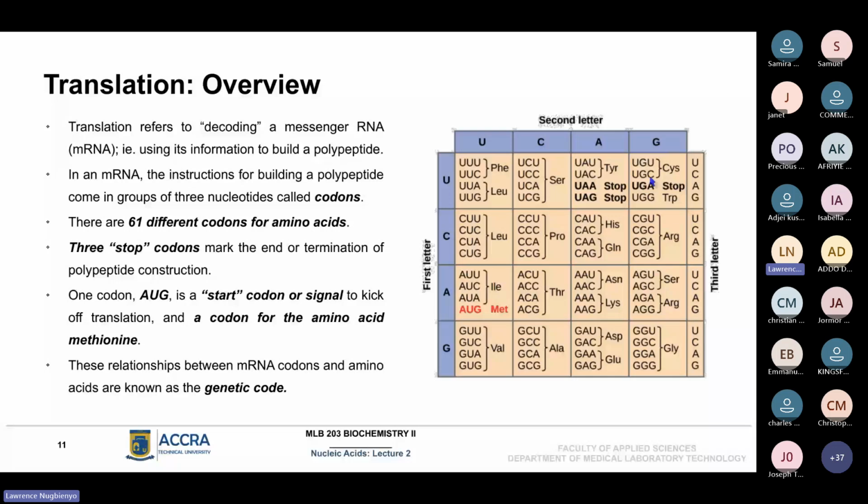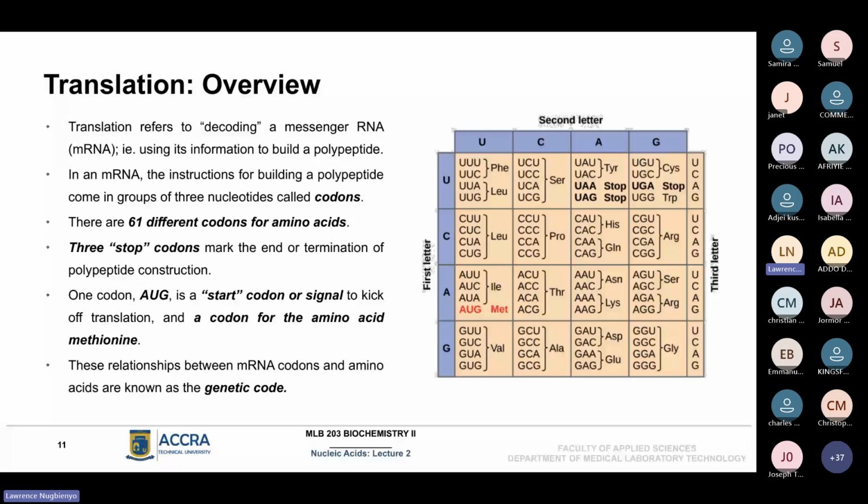UAG, UGA, and then this is UAA. So these three stop codons, that too you should keep in mind to know that these three codons, they don't code for any amino acid. That's the reason why when it gets to that, then there is the termination of the process.